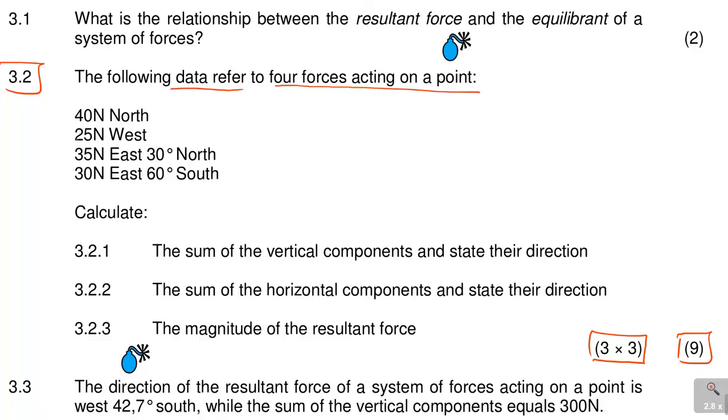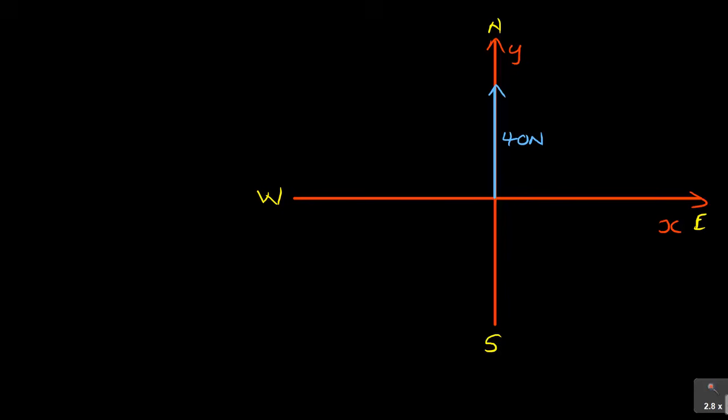The second one says 25 newtons west. So if I come here with a different one again, for example this one, and say 25 newtons, a little bit smaller, so this one will be 25 newtons. The arrows are very important in this case.